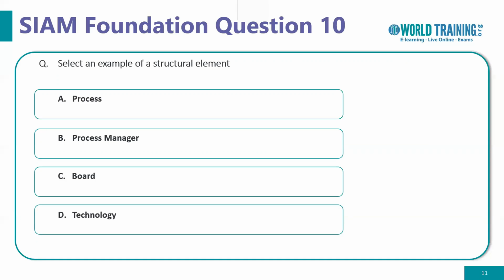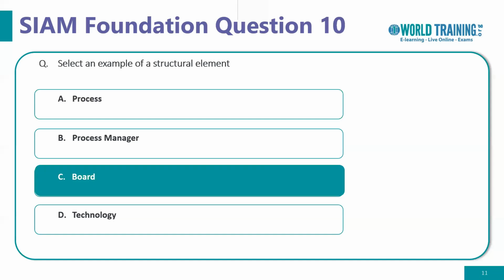So here we are talking about the example to be chosen. Process cannot be a structural element; it is mostly relevant to the service provider. Process manager is again a role, not a structural element. Technology is just a component part of it. So board is the relevant example here.